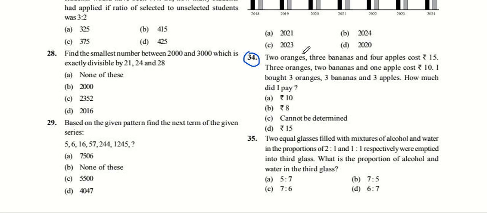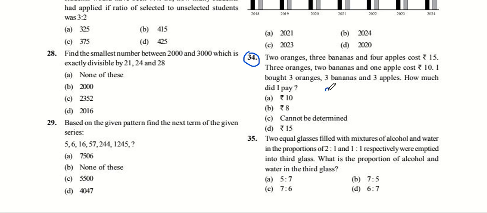See, if I had bought one orange, one banana, one apple, you cannot just generate it, because out of two equations we cannot get three variables' values, as you know.